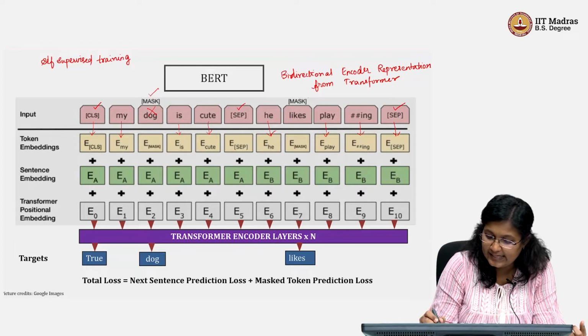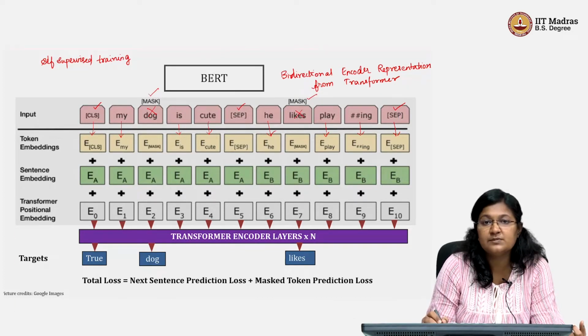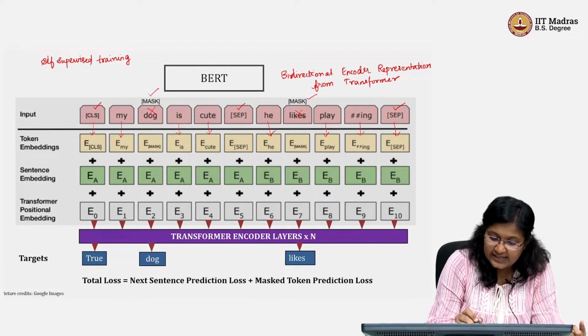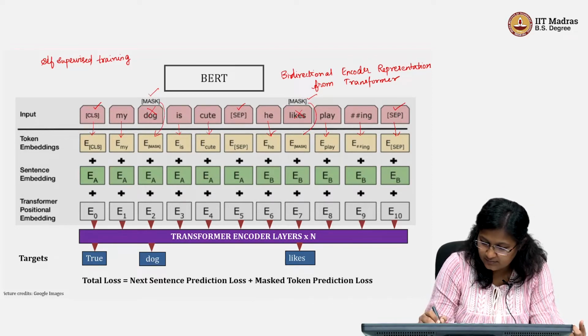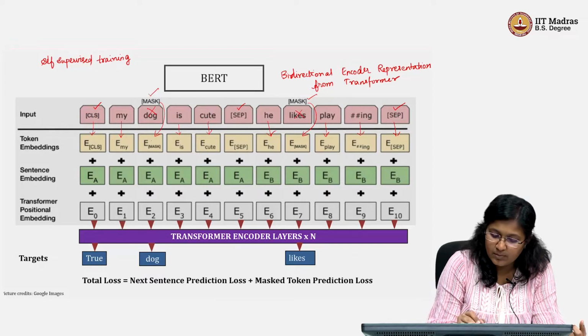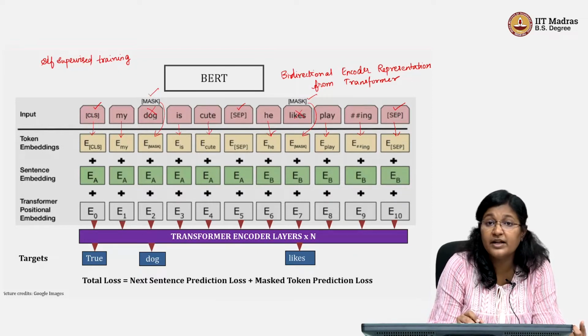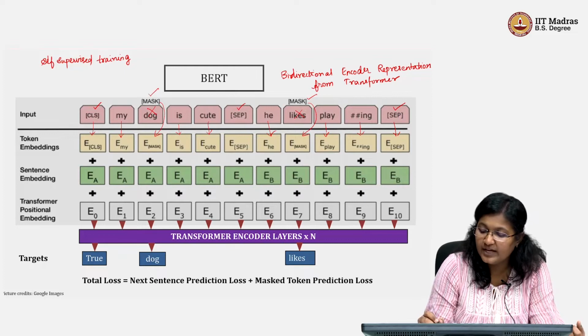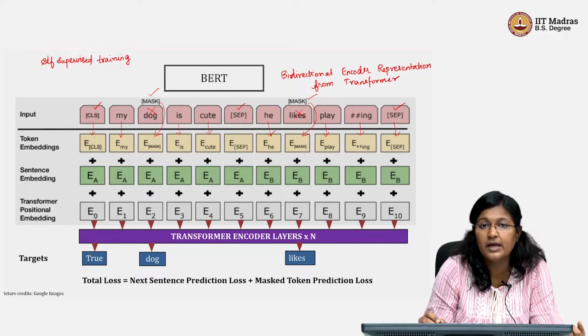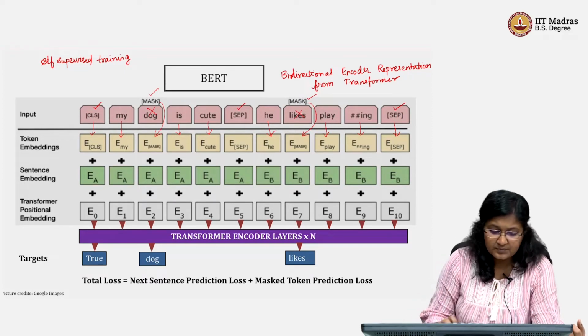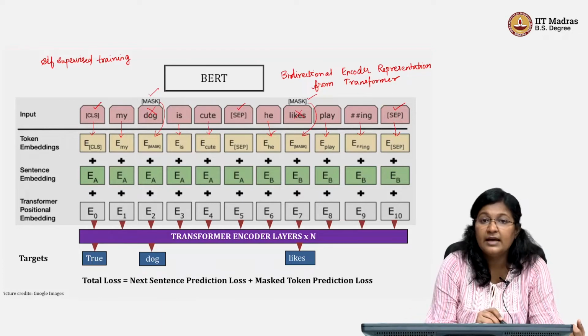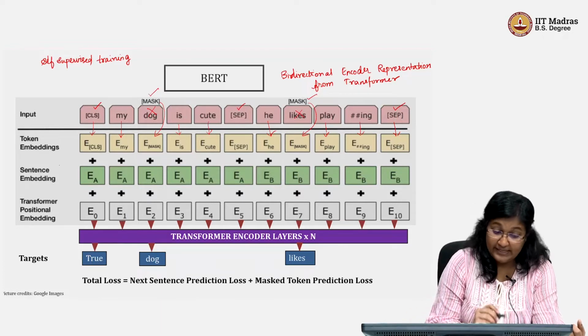Similarly here, likes is also not passed, and wherever you mask it, the embedding for mask is passed, okay. So here the embedding for mask is passed instead of the embedding for dog. Similarly, the embedding for mask is passed instead of the embedding for likes. This is how you prepare your embeddings for BERT training, okay.